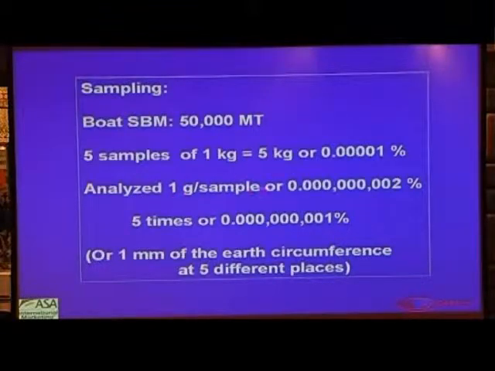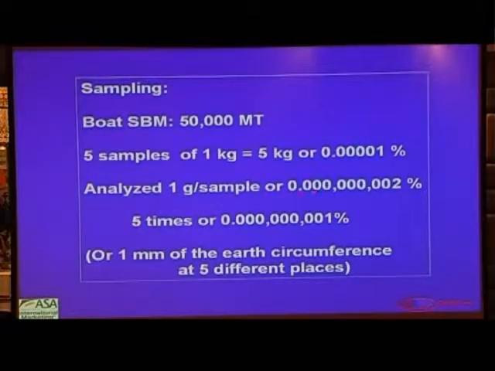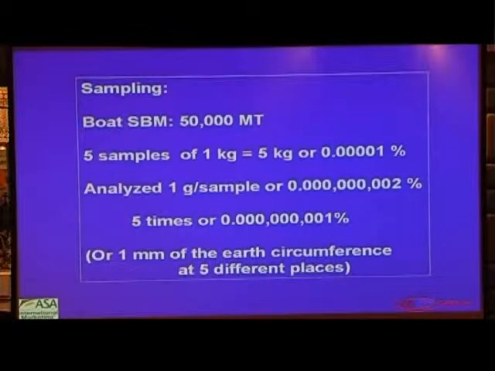Analyze 1 gram of each sample, and you have a figure which is 9 points behind the zero in terms of the amount that you really analyze out of that boat, which corresponds to roughly 1 millimeter of the earth at 5 different locations. And then you determine from that the quality of the earth. I think it is very illustrative.